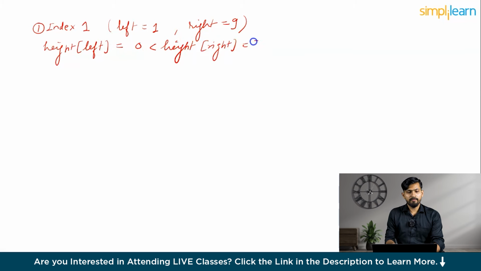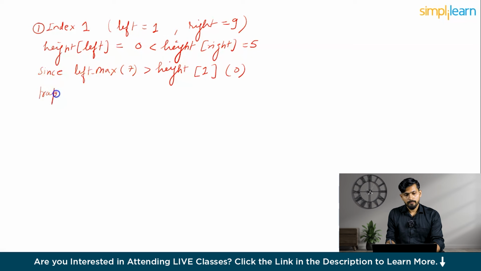Now, the left max is 7, and it is greater than height of 1, which is 0. So our trapped water will be left max minus height of 1, which is 7 minus 0, equal to 7.